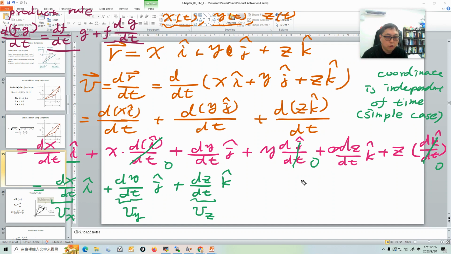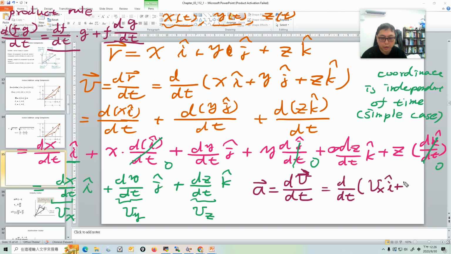A similar thing happens with the acceleration vector. The acceleration vector is the derivative of the velocity vector with respect to t. We just do it one more time, but I won't show you the complete result because it's almost the same.